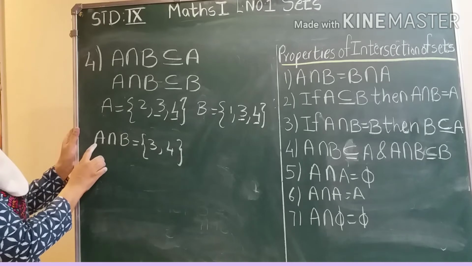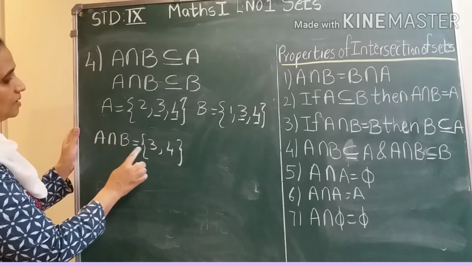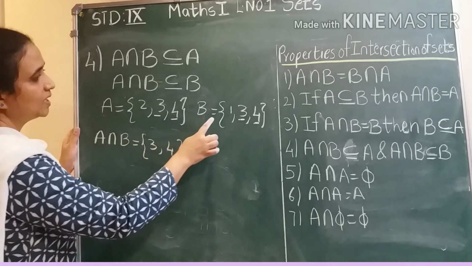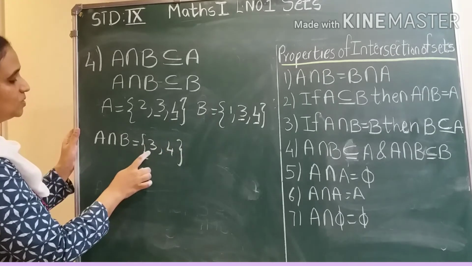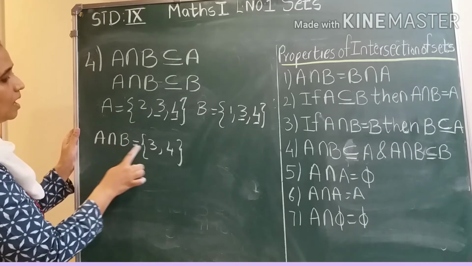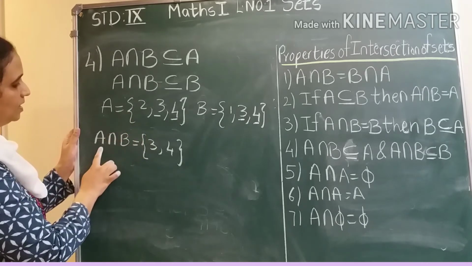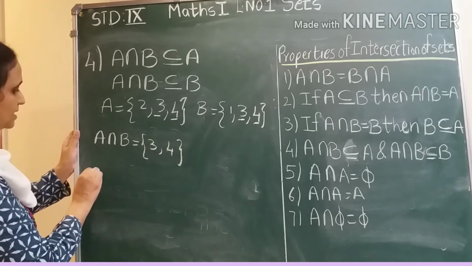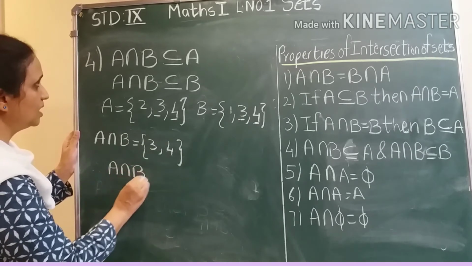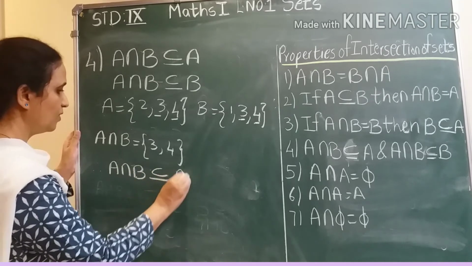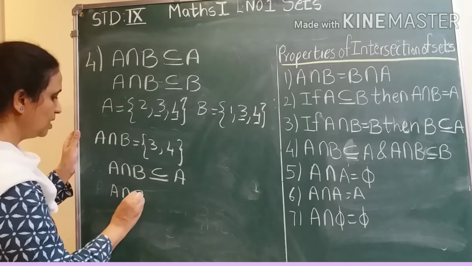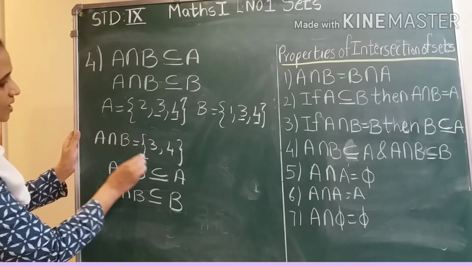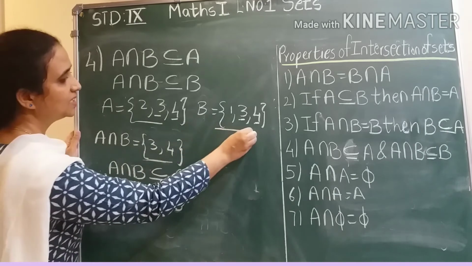So over here you will see that A intersection B is a subset of set A and A intersection B is also a subset of the set B, because all the elements which are present in A intersection B are present in set A and all the elements which are present in A intersection B are also present in set B. Therefore, we can say that A intersection B is the subset of A. A intersection B is the subset of B. You can easily compare, see this A intersection B is a smaller set and sets A and B are larger sets.